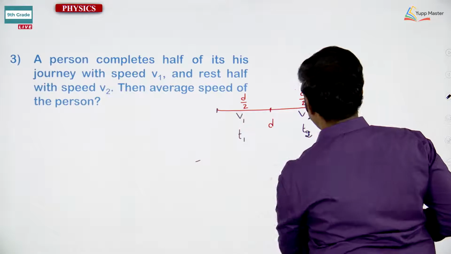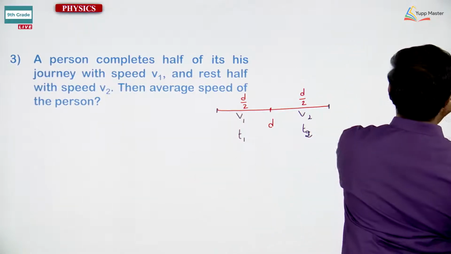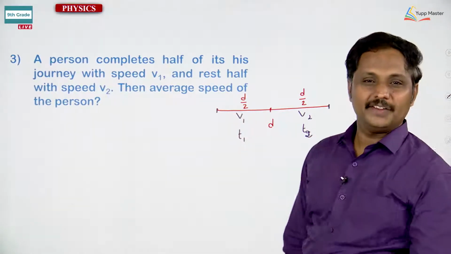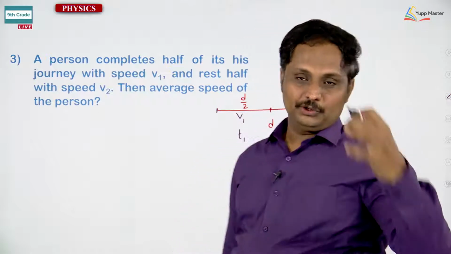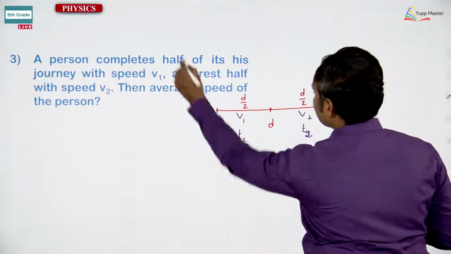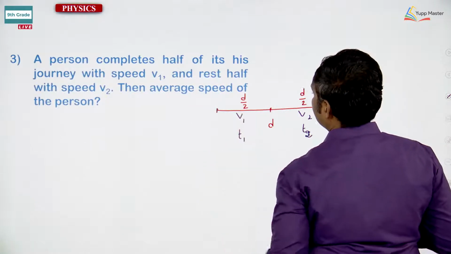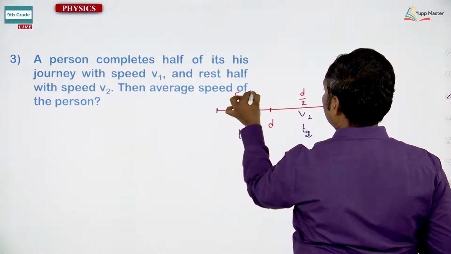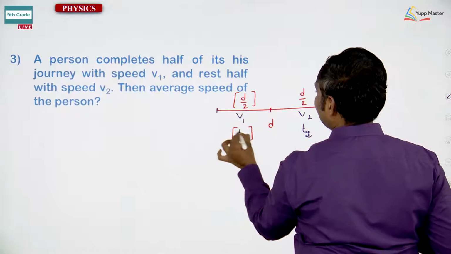Now let us assume the first part and the second part, which are going to be considered to get that average speed. We can take that here. This is the distance and this is the time.